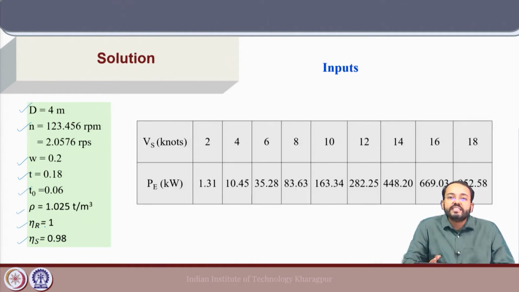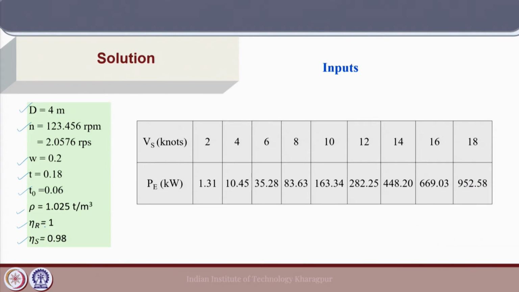And this chart provides the effective power requirement for the tug at different speeds. Here, as we see, the effective power increases drastically with the increase of speed of the tug.